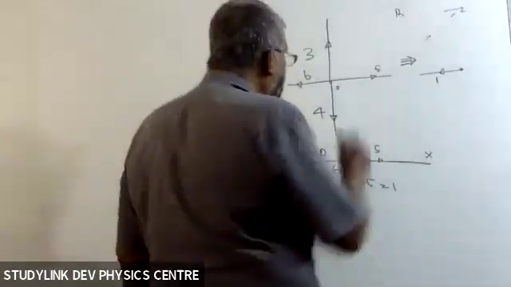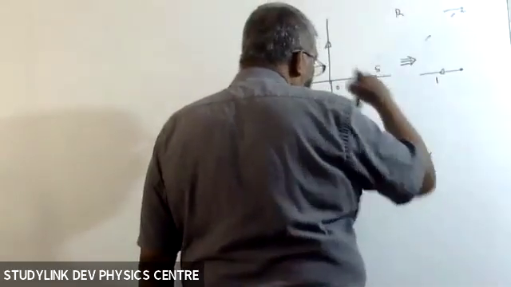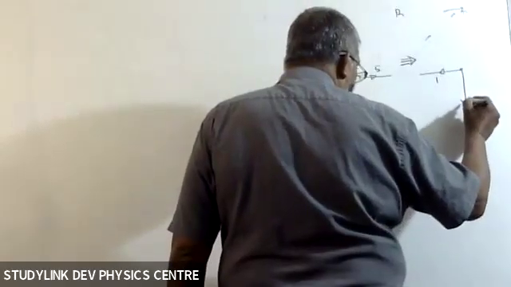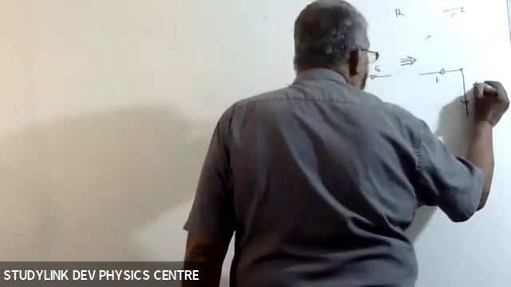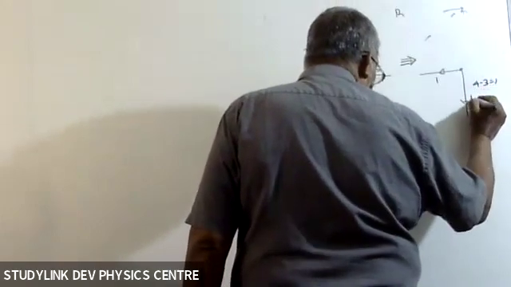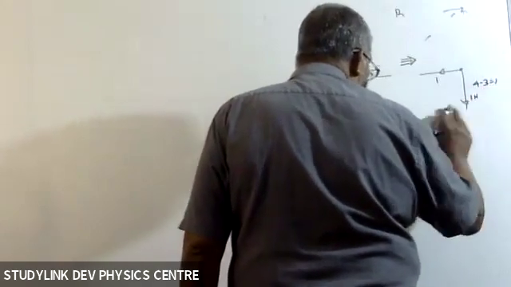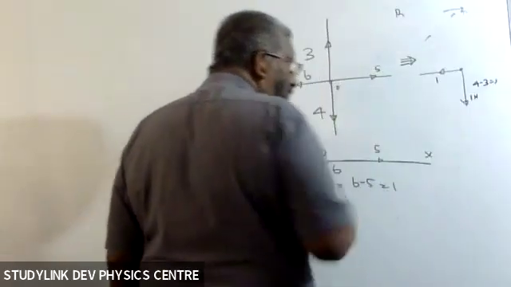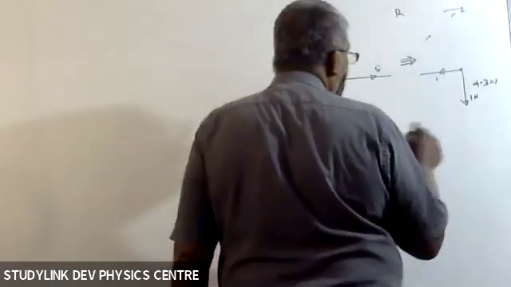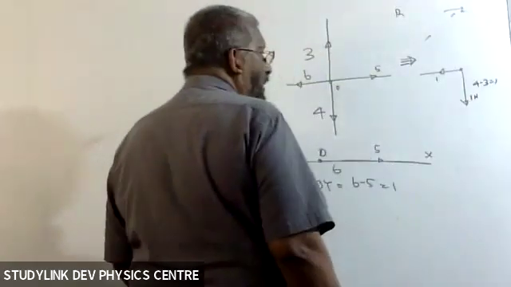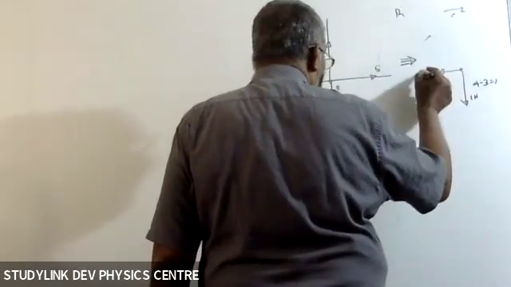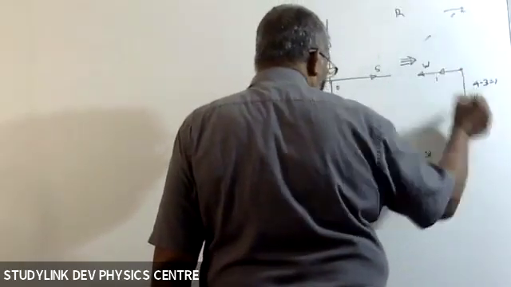The other one is 3 up, north, and 4 south. Downwards, 4 minus 3. That is 1, 1 downwards. Here also 1. Then 2 vectors are there, towards west and towards south.